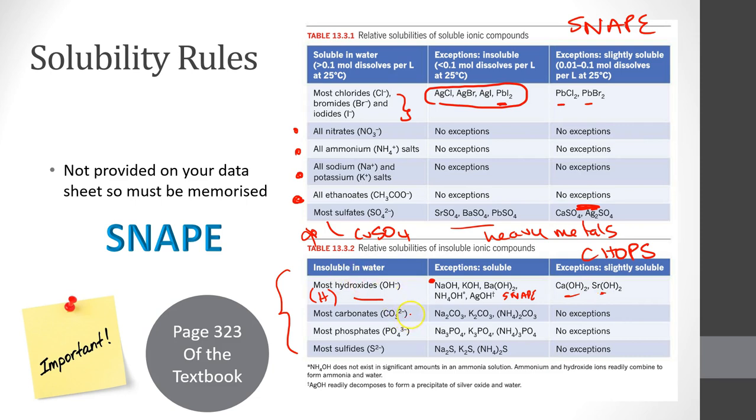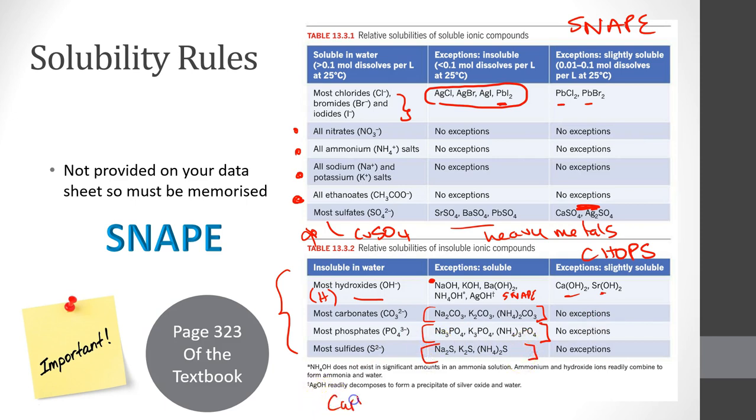Carbonates are mostly insoluble. There are no exceptions other than our SNAPs. Okay, phosphates, again, it is just our SNAPs that are the exception. Sulfides, just our SNAPs that are the exception.